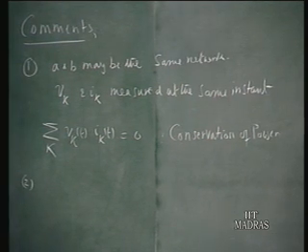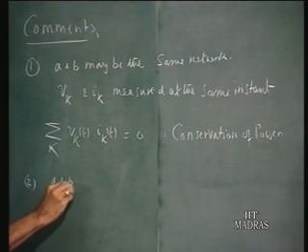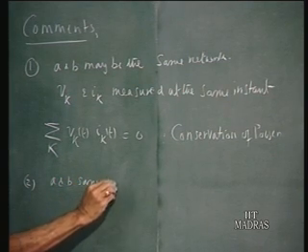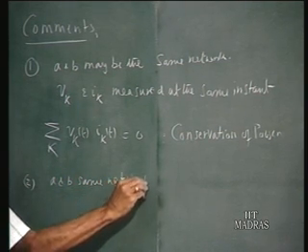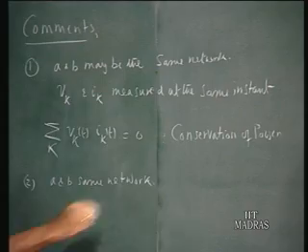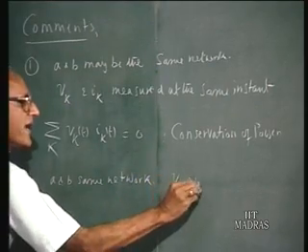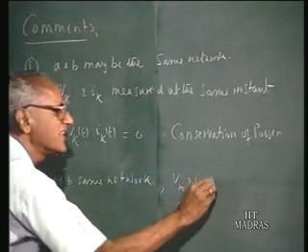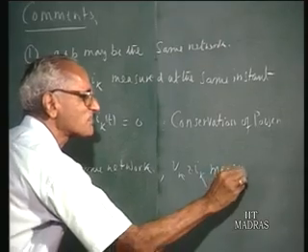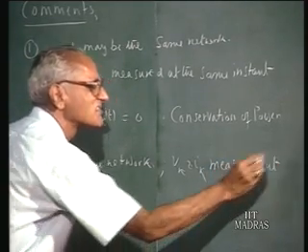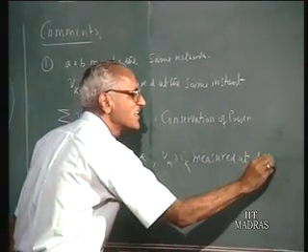Suppose you have A and B the same network, with Vk and Ik measured at different instants, at different times.